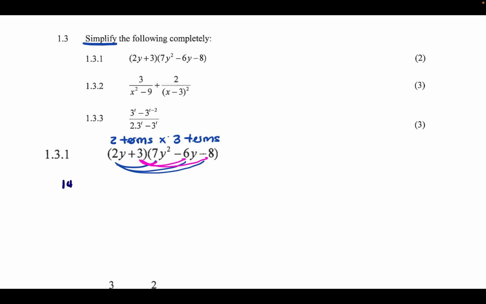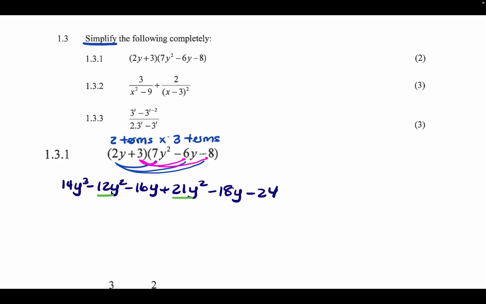We get 14y cubed minus 12y squared minus 16y plus 21y squared minus 18y minus 24. And then we combine like terms to further simplify. And our like terms here are the y squared terms.